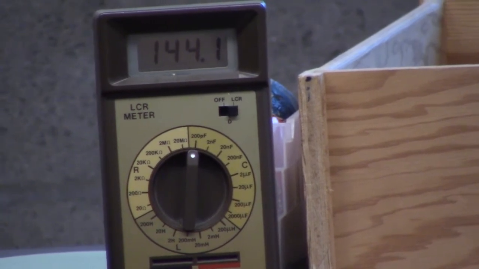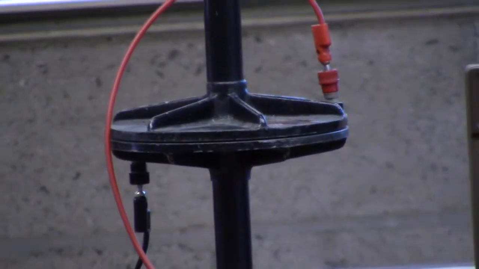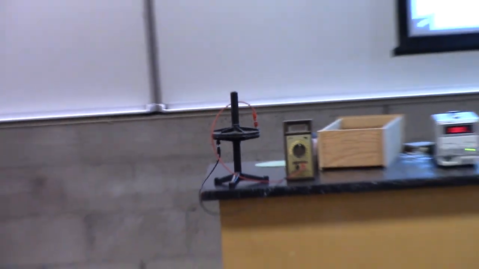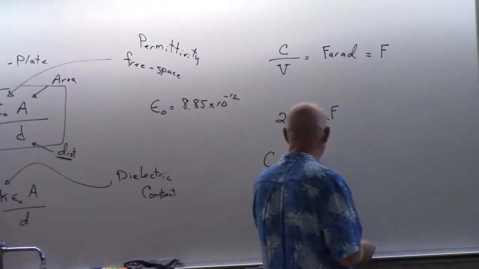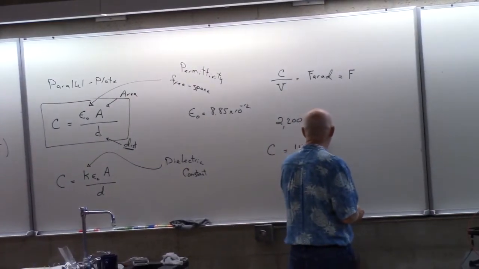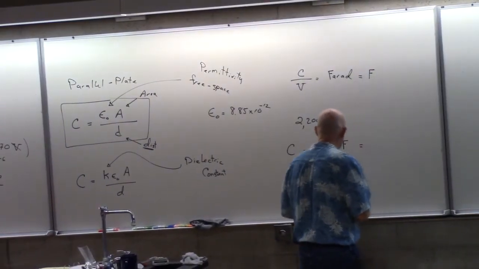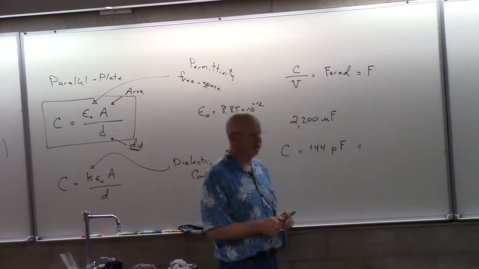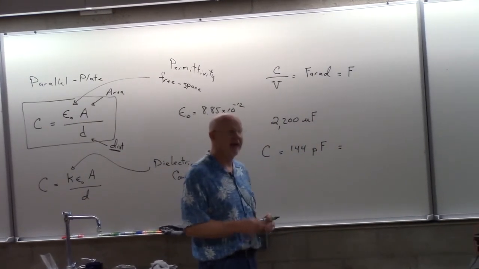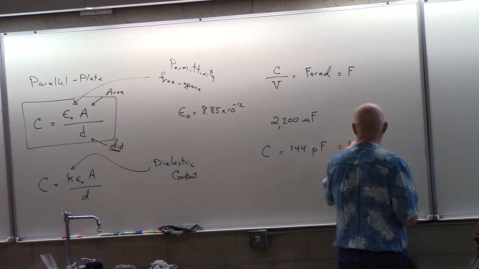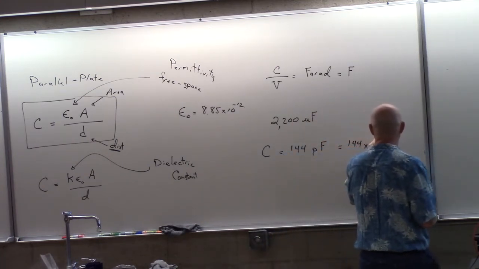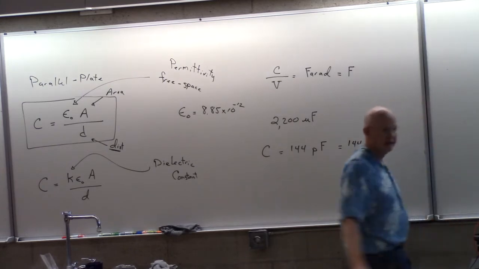And so maybe it's worth reminding you, I don't know if we've ever done pico yet, but that one says my capacitance is 144 picofarads. Anybody know the prefix for pico? 10 to the minus 12. Yeah, 10 to the minus 12, one trillionth. So this is 1.44 times 10 to the minus 10 farads.